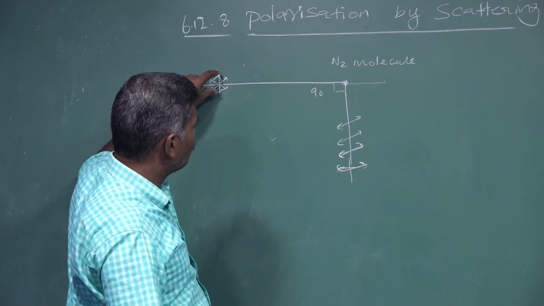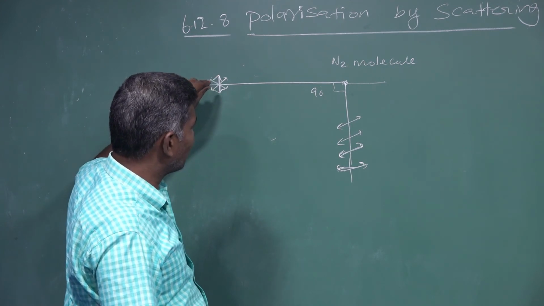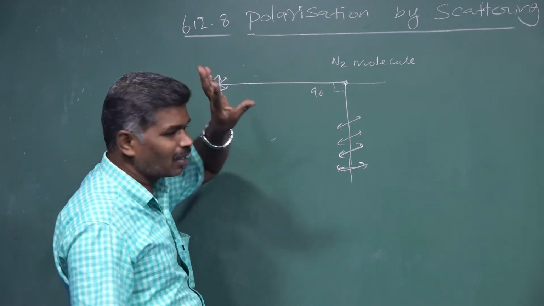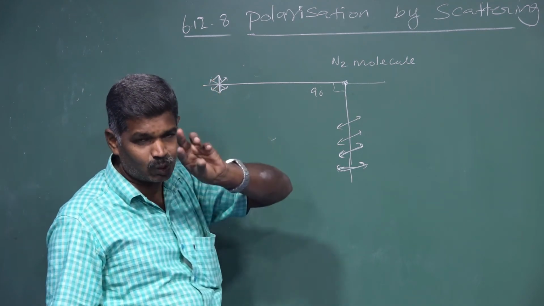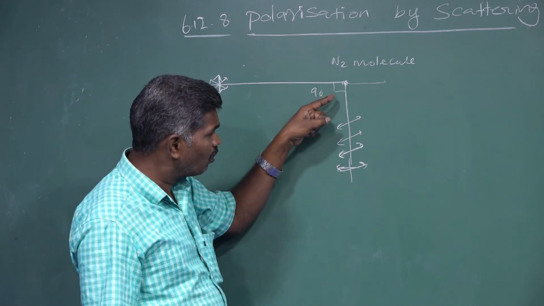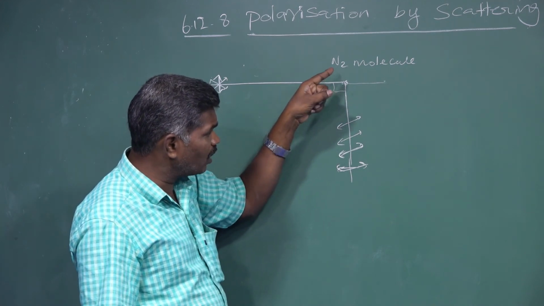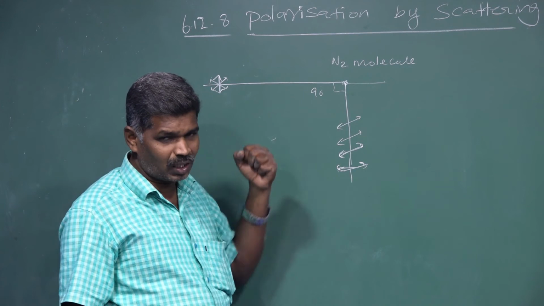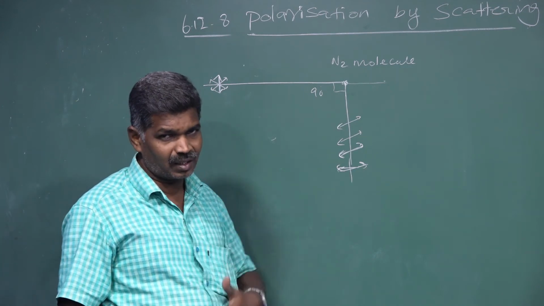In unpolarized light, we have vibrations in all perpendicular directions to the direction of propagation. That's why it is called unpolarized light. But the N2 molecules absorb the light and re-emit it.